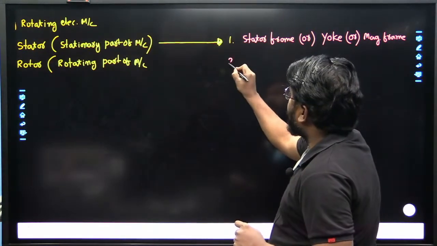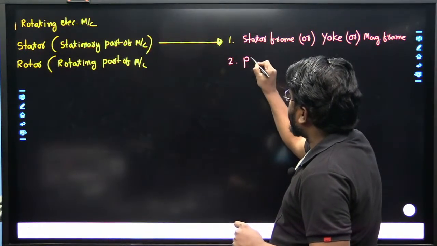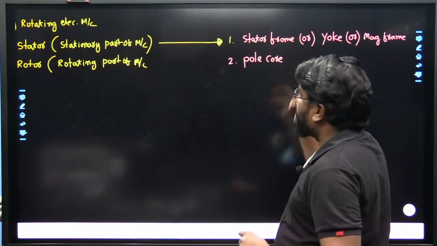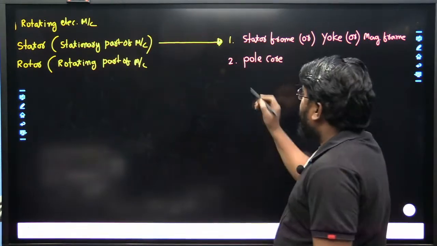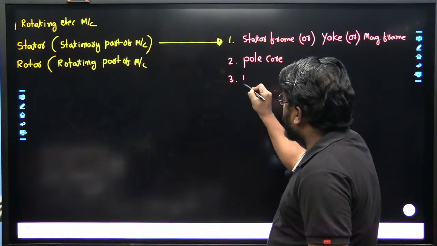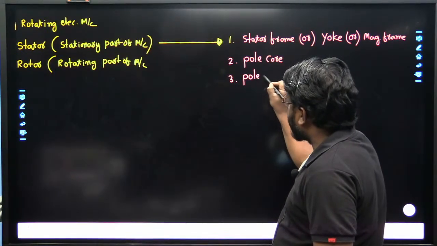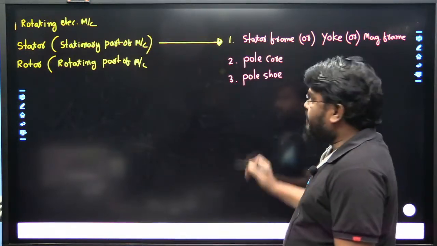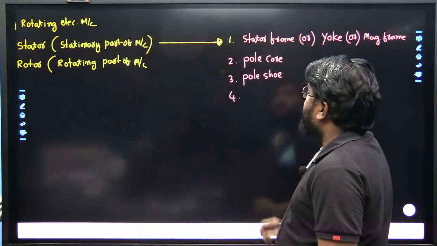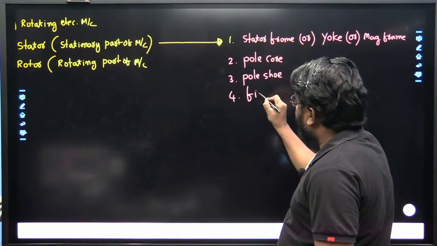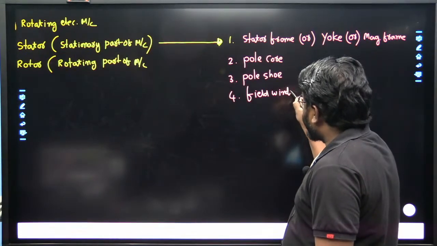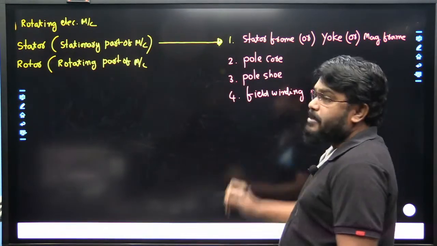And the second one is the pole core. This is one more stationary part of the DC machine. The third one is the pole shoe, also a stationary part of the machine. The fourth one is the field winding. There are two types of winding: the field winding and the armature winding.